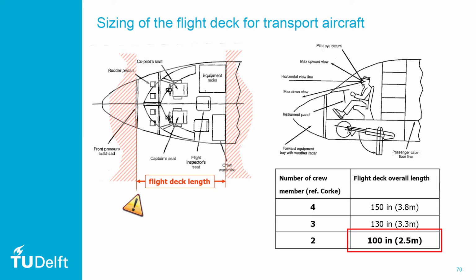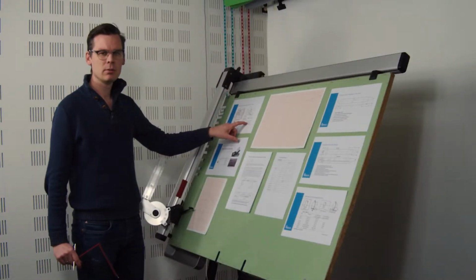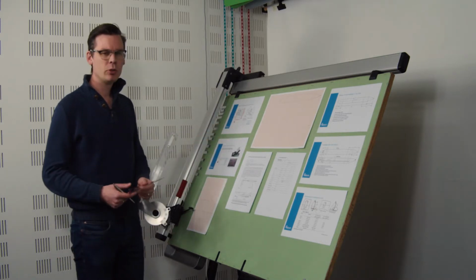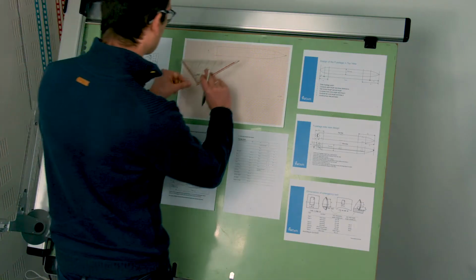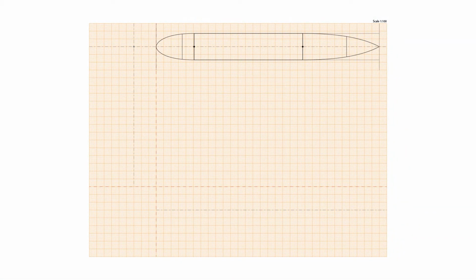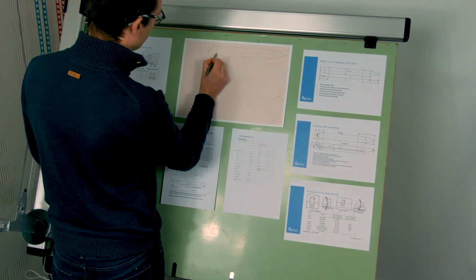If you design for a 3 pilot cockpit, it can be a little bit longer, but I'm deciding here to use 2.5 meters. So 2.5 meters is 2.5 centimeters. That gives me this point here. So my flight deck is now from this point to that point.